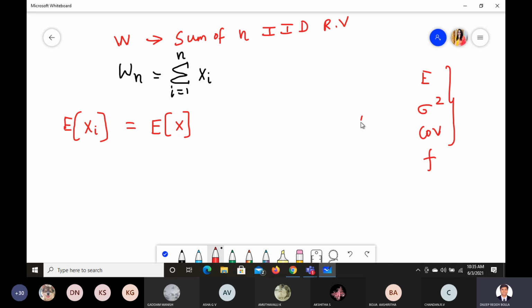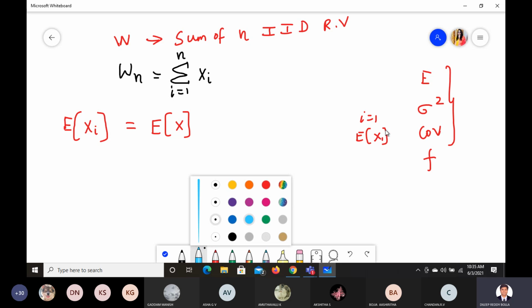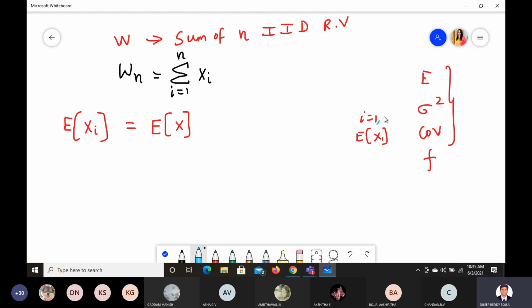If I replace the i value as 1, it will be the same, expectation of x1. If I replace it by 2, then it will come here as 2. So that is going to be the same, it's not going to change. Let us make it simple, it will be mu x. Okay, this is done.